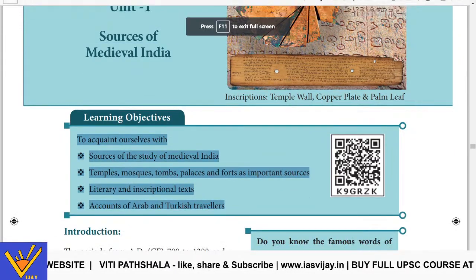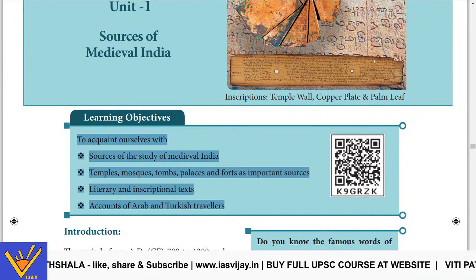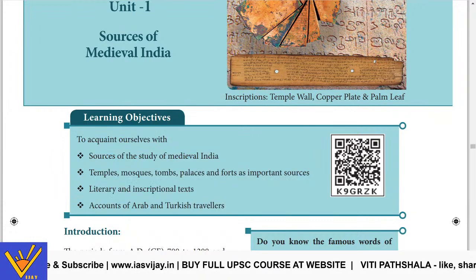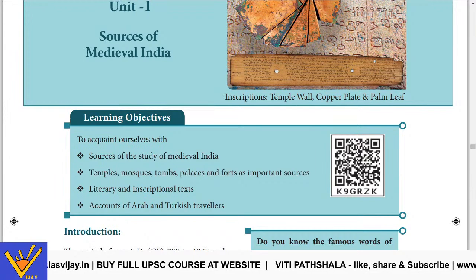Now the first chapter that we are going to do today is the sources of the medieval India. So there are the 4 chapters for our study today. So this is the first chapter that we are going to do.